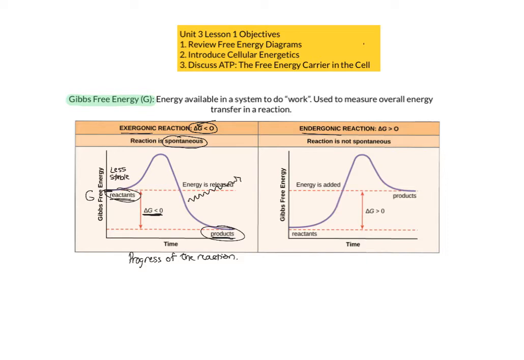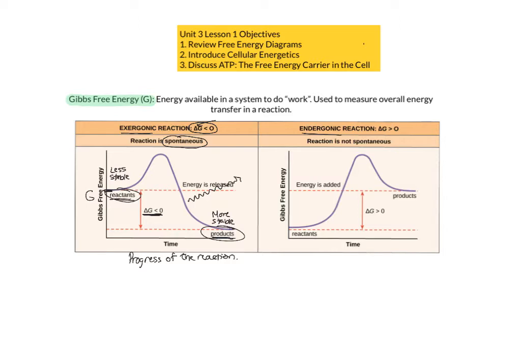So the molecules at the beginning of the reaction are less stable than the molecules that are the products, which are more stable. And so this reaction is spontaneous, which is another way of saying that it's going to tend to occur because the products are much more stable than the reactants.